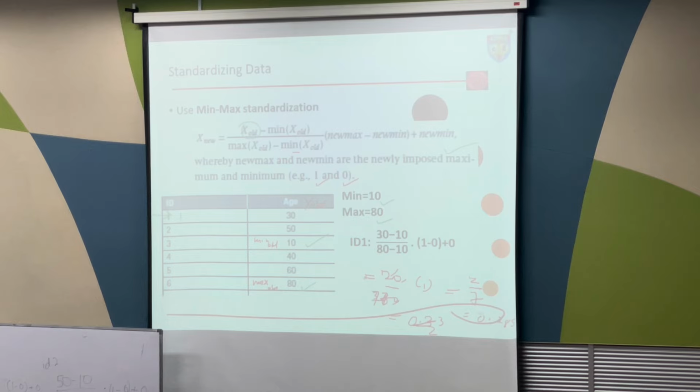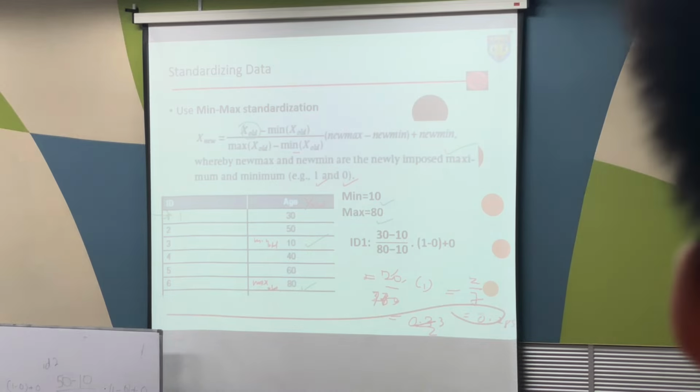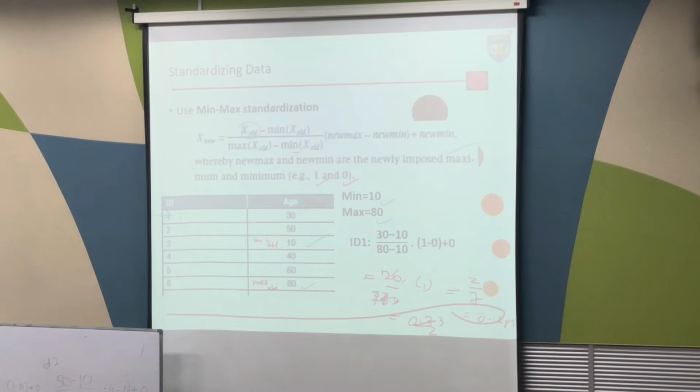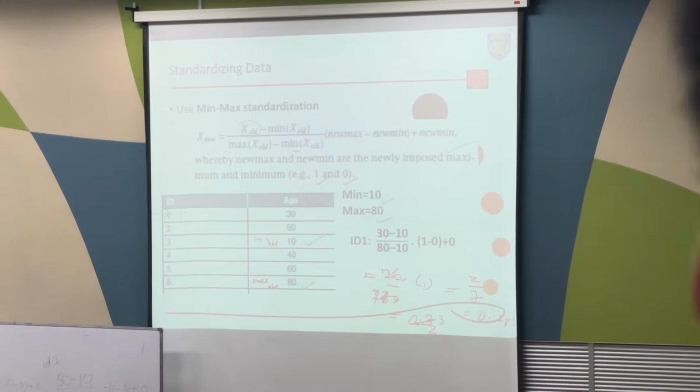Okay, so you just replace the x-old value of age into the equation. So for example, for ID 2, the new age value is 0.571. ID number 3 is 0.